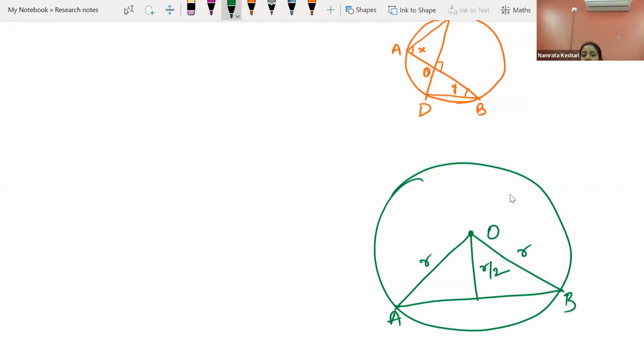Let's try finding AP first by using Pythagoras theorem. So hypotenuse square is equal to OP square plus AP square. Can we write it? Yes, ma'am.